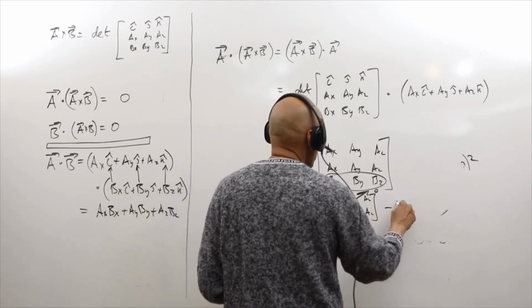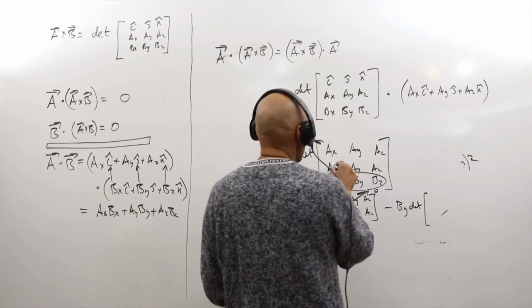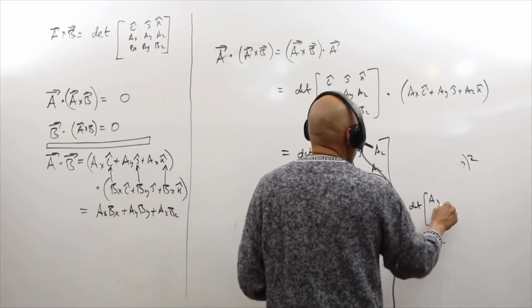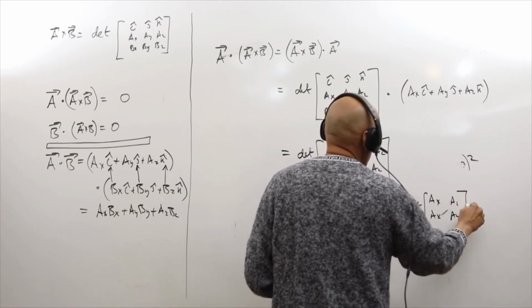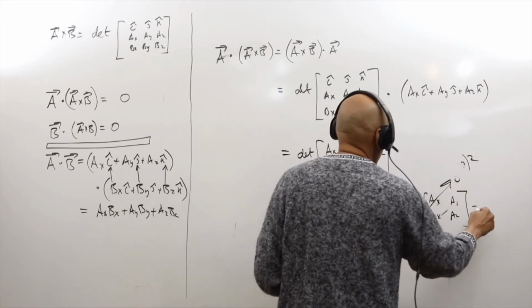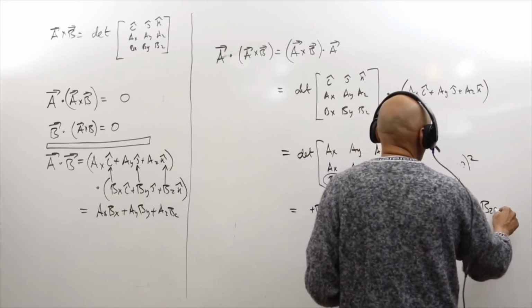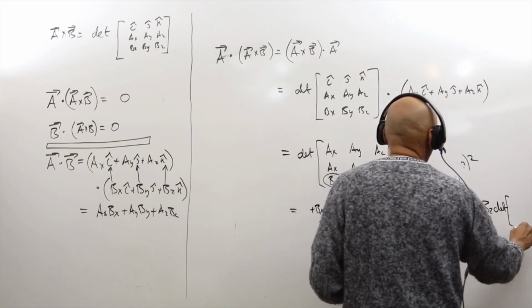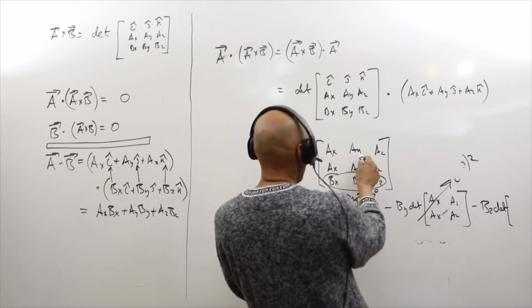There's a minus by times the determinant of, same thing, you'll get ax, az, az, and the cross product again is 0, and then bz times the determinant of ax, ay.